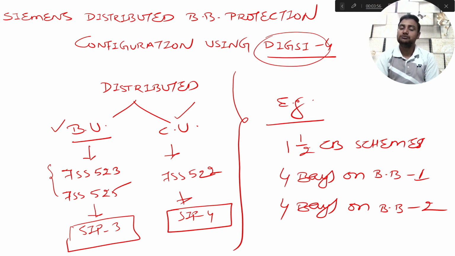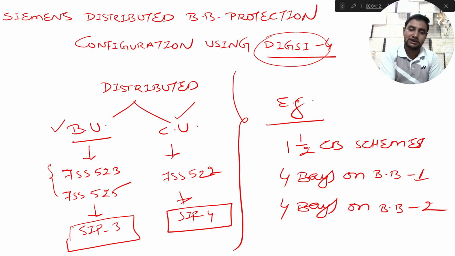Also, in 7SS523 you have one HMI for the configuration and for viewing of measurements, while no HMI is available in 7SS525.